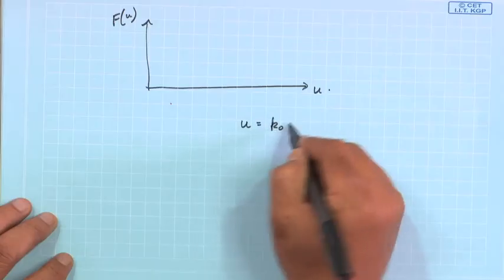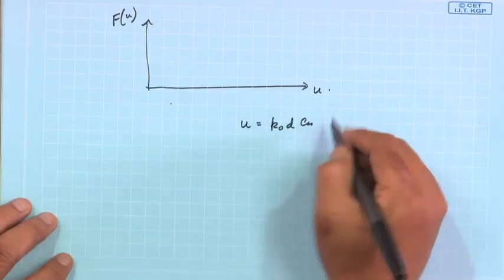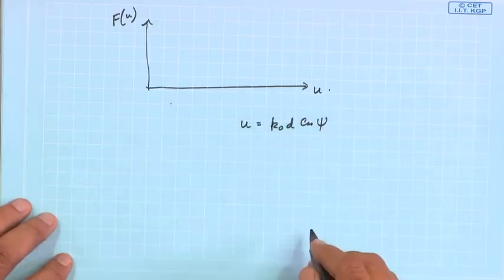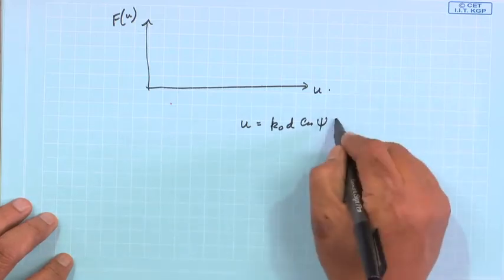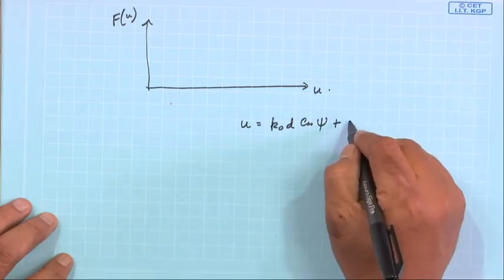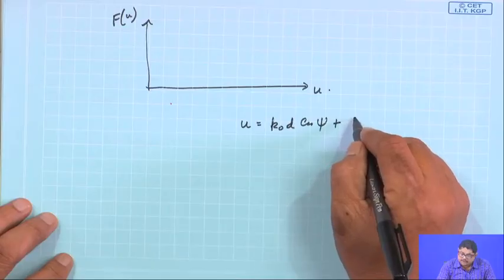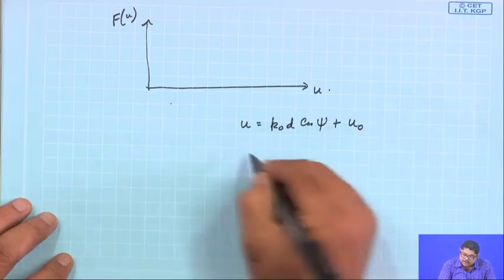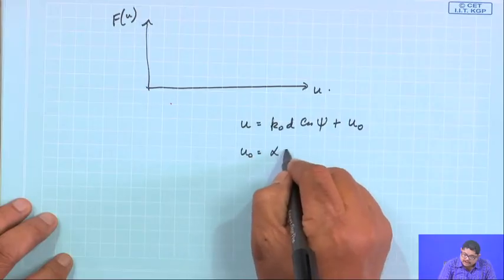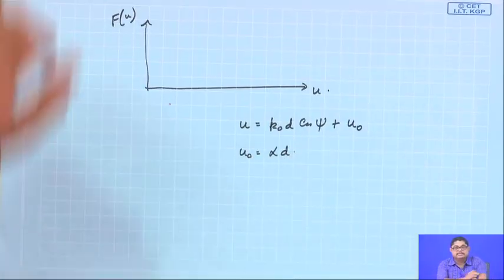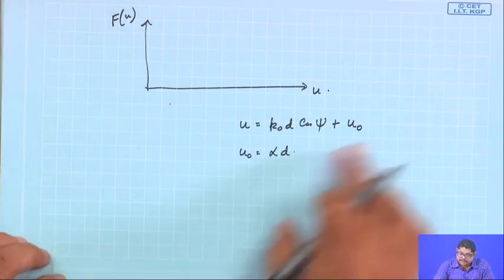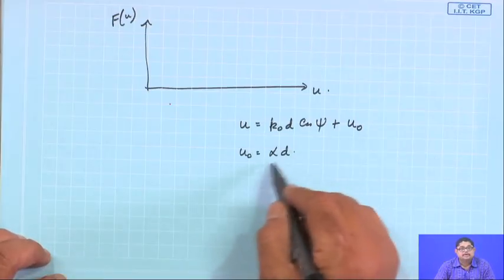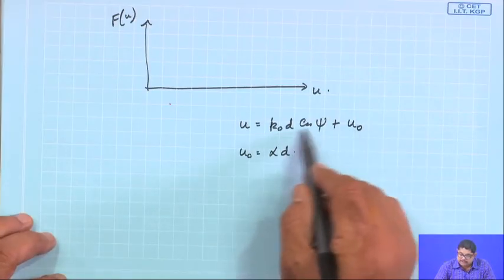We have defined u as k naught d cos psi plus alpha d, or u plus u naught, where u naught is equal to alpha d or beta d as the case may be. That means the progressive phase shift, etc. This is a constant in a particular case.